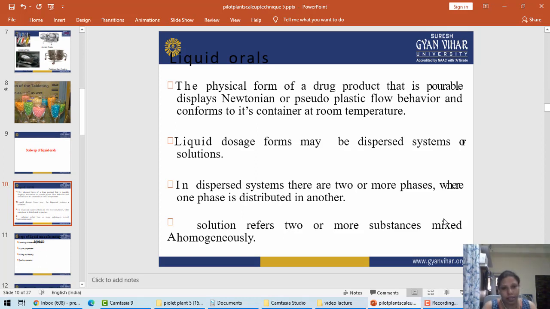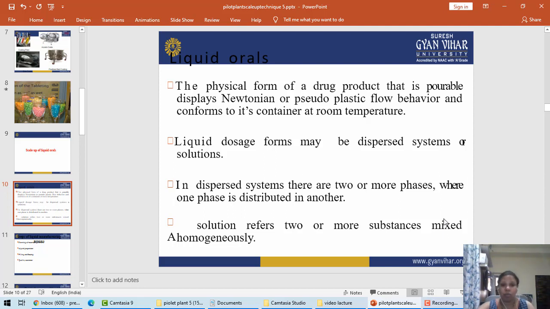Now what is this liquid oral? The physical form of a drug product that is pourable, displays Newtonian or pseudoplastic flow behavior, and conforms to its container at room temperature.